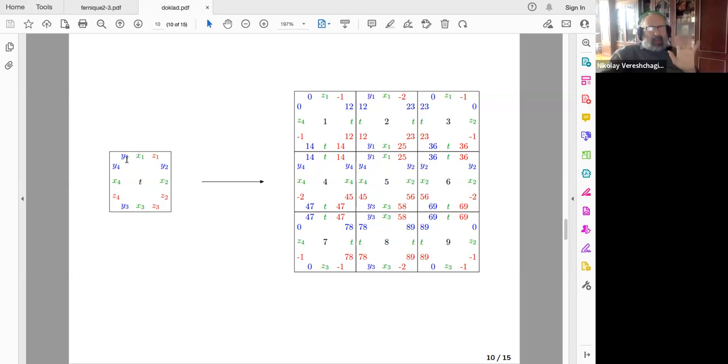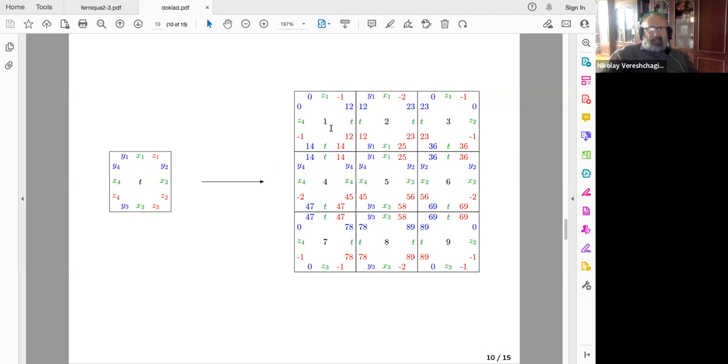They are denoted by variables here, X, Y, and Z with numbered subscripts. And this picture indicates how the substitution works on colored tiles. So the left tile is substituted by what is written on the right.